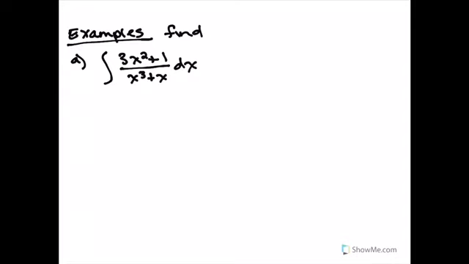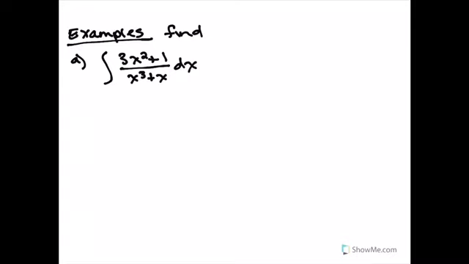All right, so when we learned the chain rule, we saw a lot of examples where we could find the u and the du just by looking at the problem. So the ones that are going to result in antiderivatives of natural log is when the numerator is the derivative of the denominator.